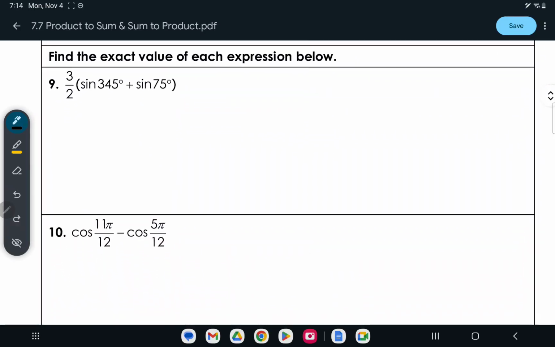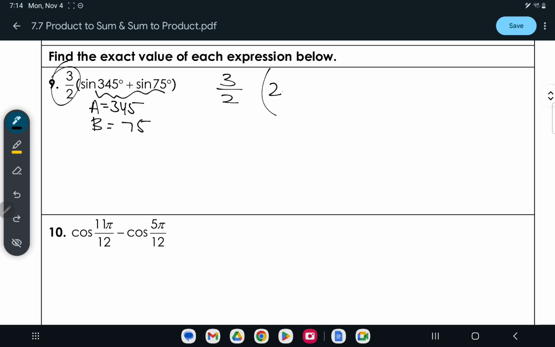Now let's look at exact values. So this is a sine plus sine, where A is 345, B is 75, and let's fill in the formula. So I have that 3 halves out here, so I'm going to have it out here too.